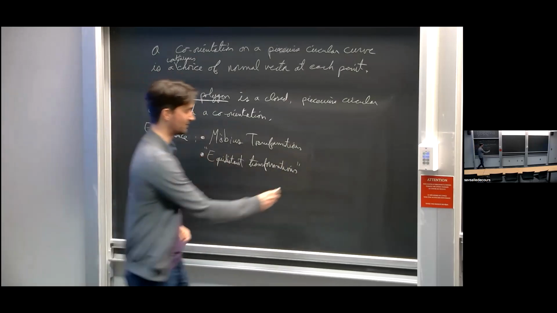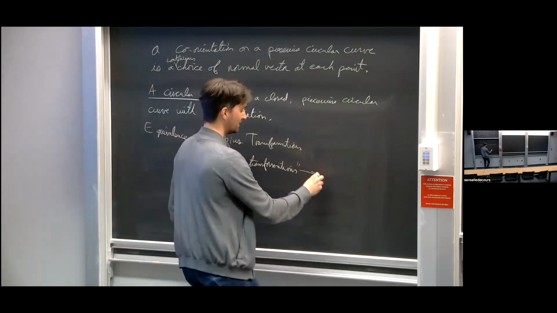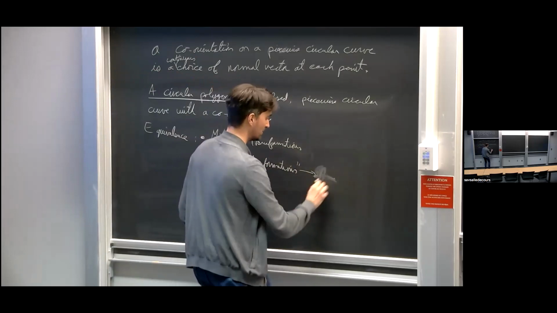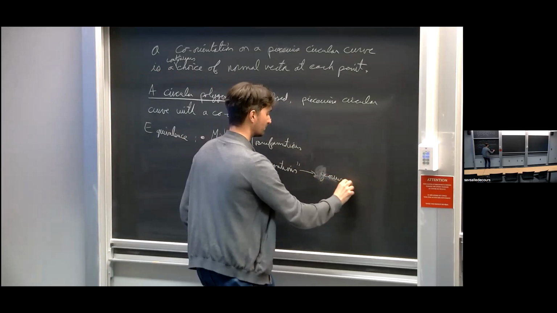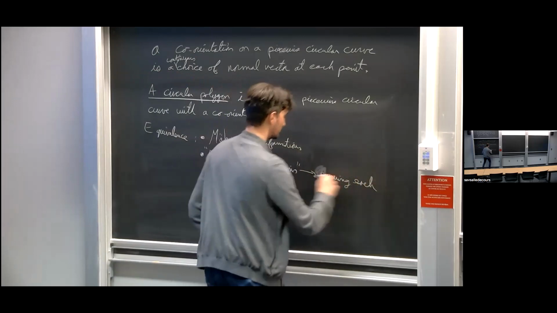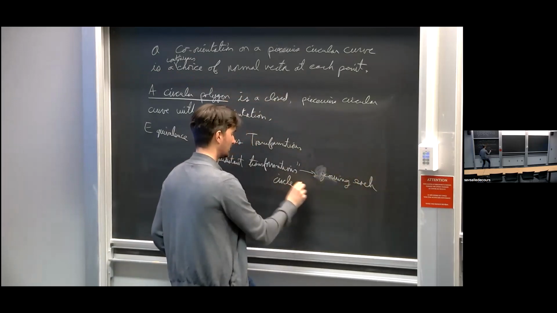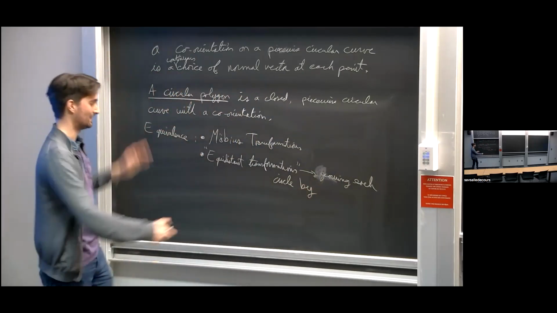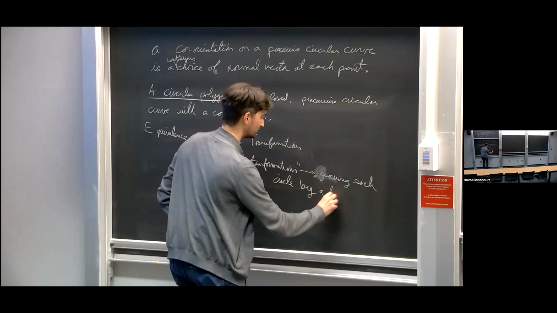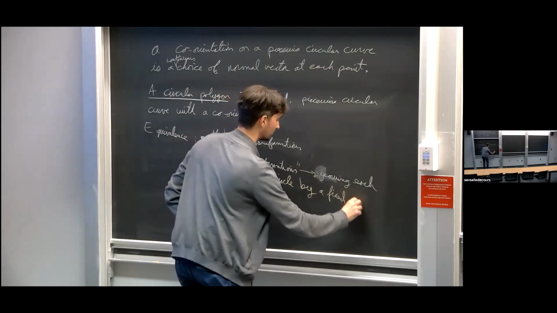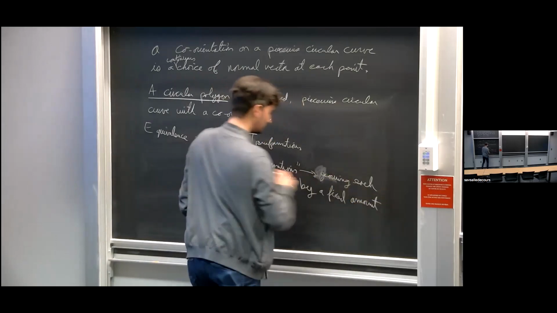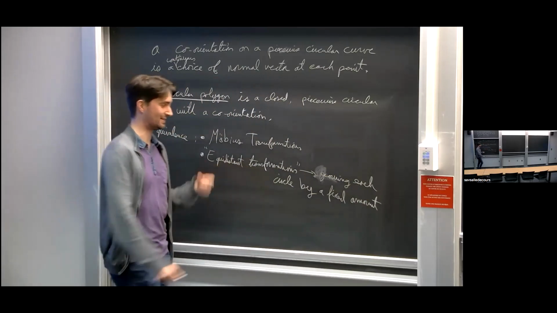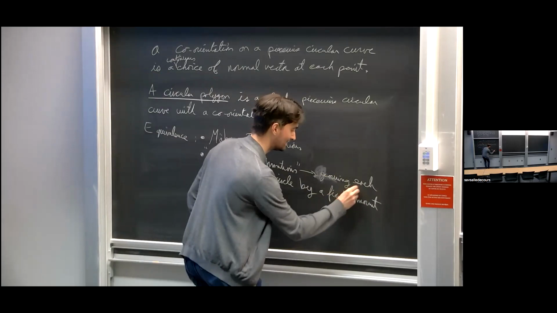So what is this? This is just translating or growing each circle, in a Euclidean sense, by a fixed amount, and it's a signed amount.